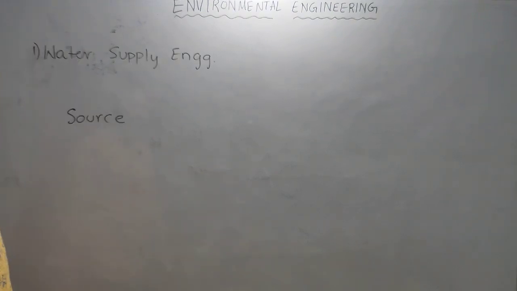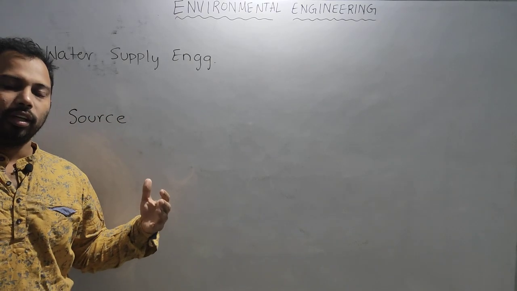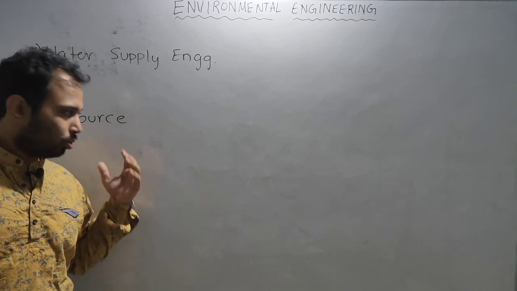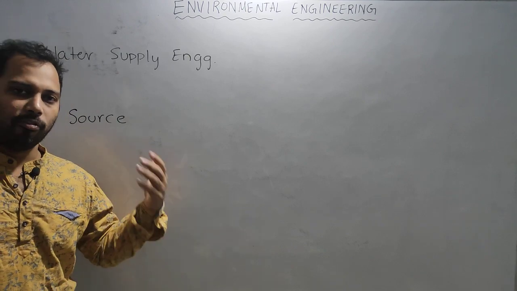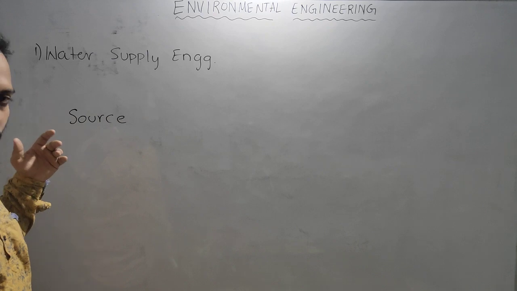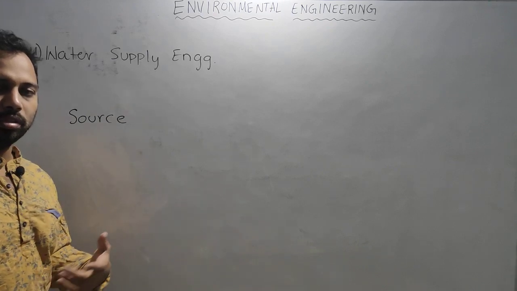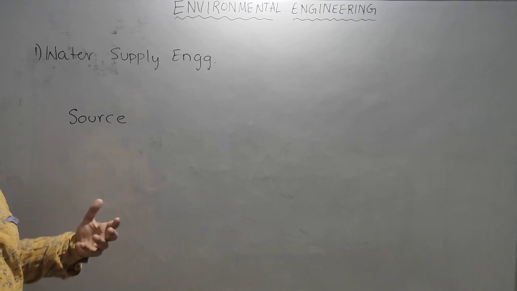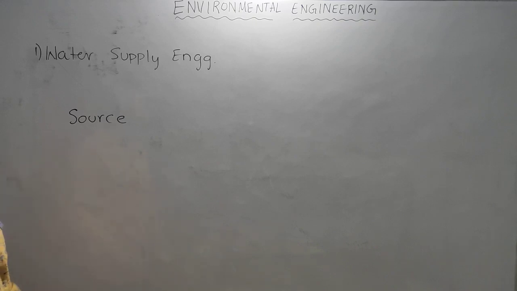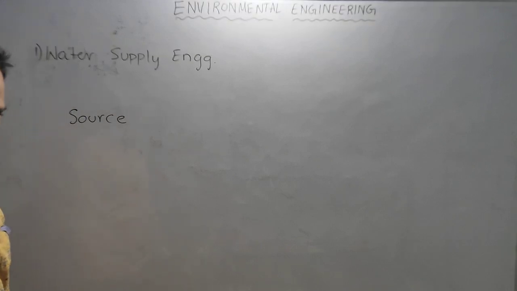In the early stages, maybe the source might have been fit for drinking directly, but these days we never find a source which is fit for drinking directly. And even our immunity system is not able to withstand a small amount of impurities in the sources. So obviously the source needs to be treated.